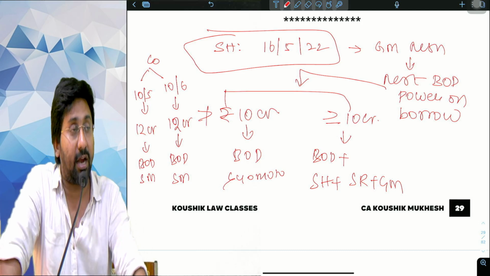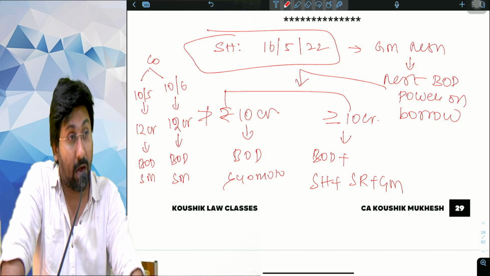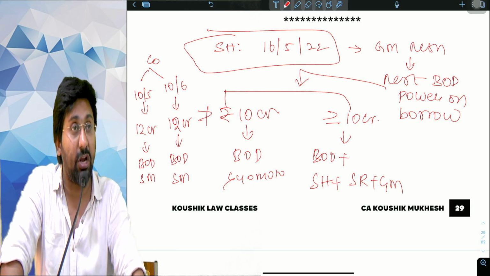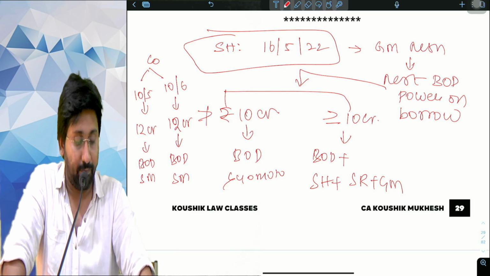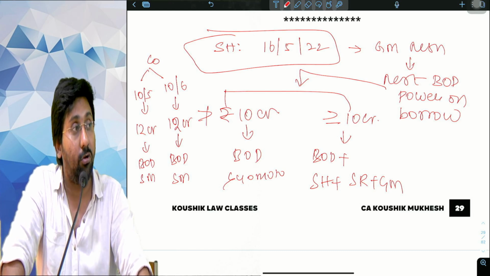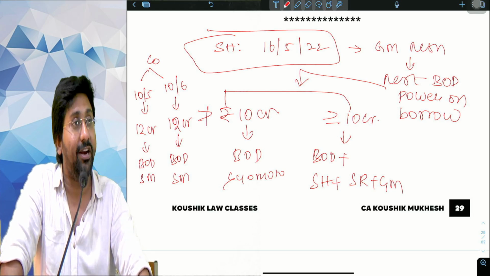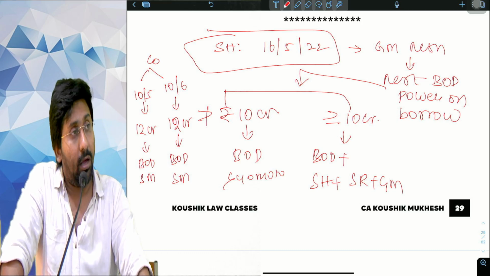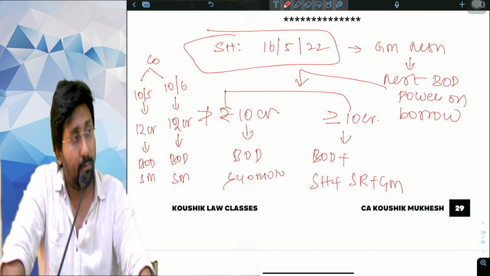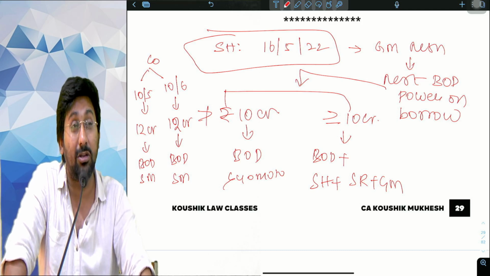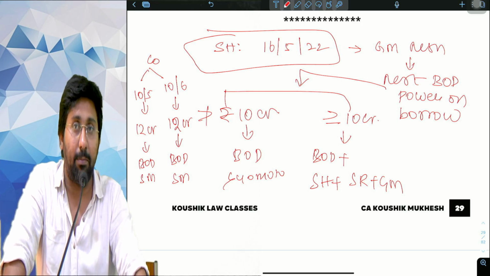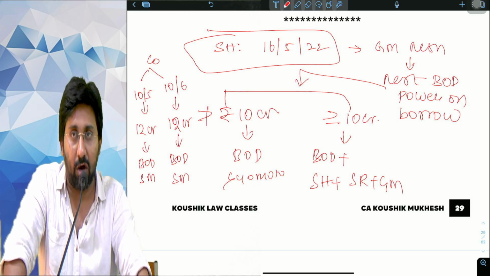This particular company has borrowed how much amount on 10/5? With the shareholders or without shareholders? On 10/6 also it borrowed how much? 12 crore. Already 12 crores borrowed, again another 12 crore they borrowed. Whose approval did they take? Board of directors' approval only. Whose approval is not taken? Now the query is whether both the borrowings will become invalid or not.